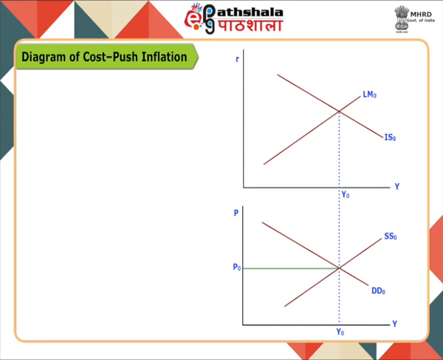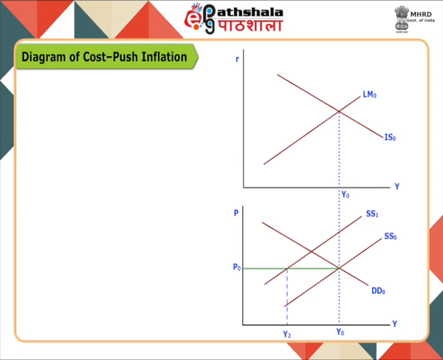Now, in the economy, the aggregate supply curve shifts to the left due to the increase in cost. As the aggregate supply curve shifts, the new supply curve is represented by SS1. With price level P0, the aggregate supply along the new aggregate supply curve shall be reduced to Y2.